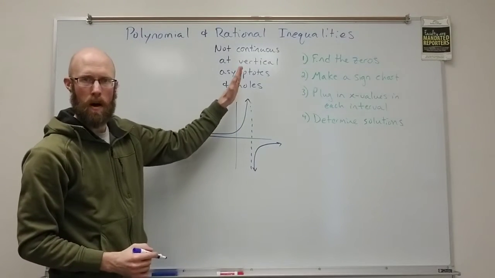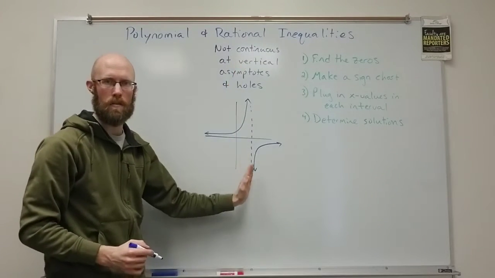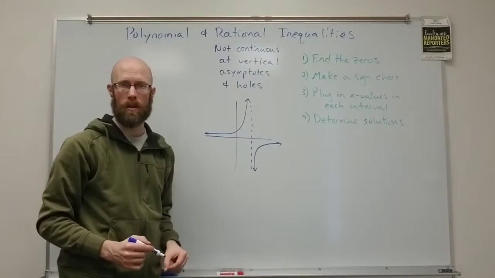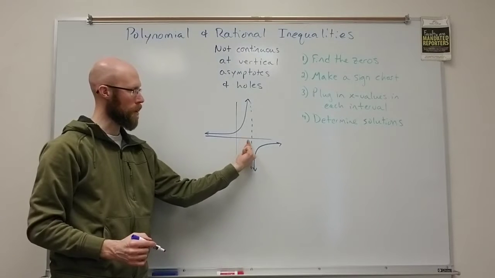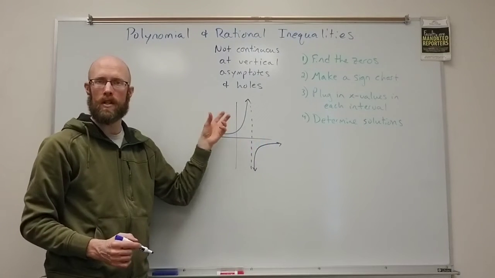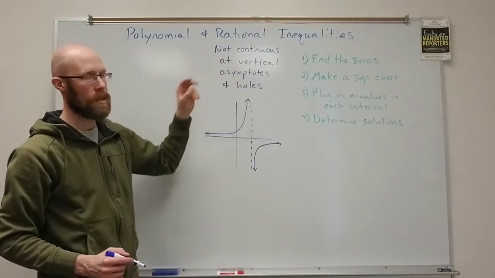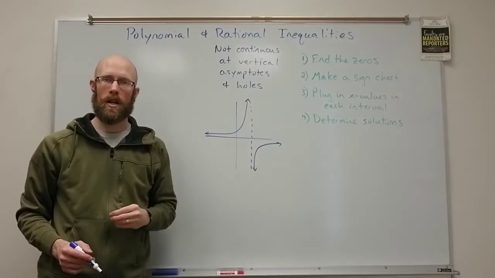So this graph is positive, and then all of a sudden at that asymptote, it changes to negative values, okay? So immediately to the left they're positive, immediately to the right they're negative, or vice versa, you could flip that around. Okay, so vertical asymptotes definitely need to be tested on a sign chart.